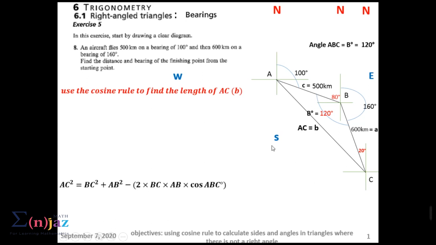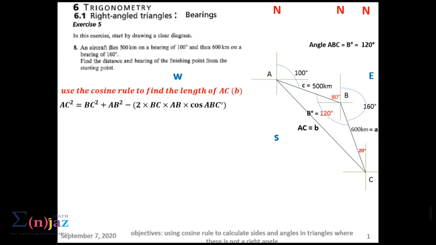So, side AC squared, the other two sides are AB and BC. So, BC squared plus AB squared minus inside the brackets 2 times BC times AB times the cosine of the angle between the two known sides.